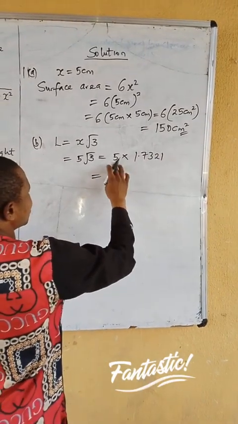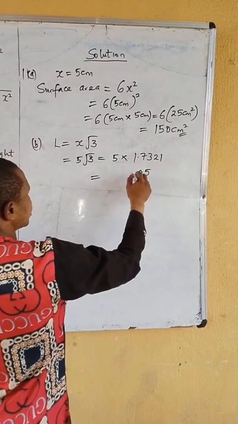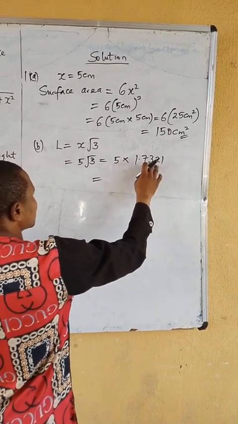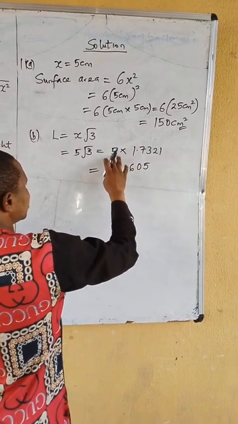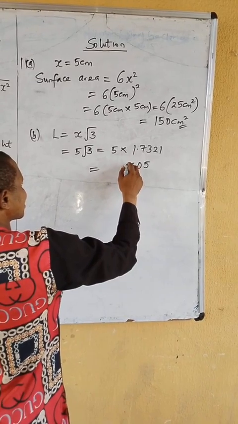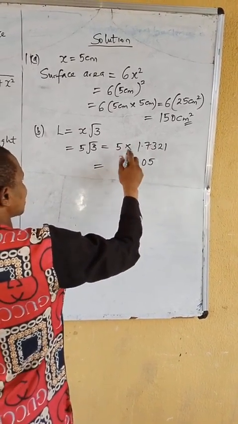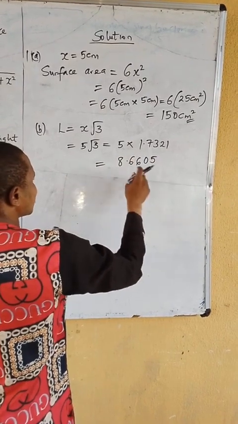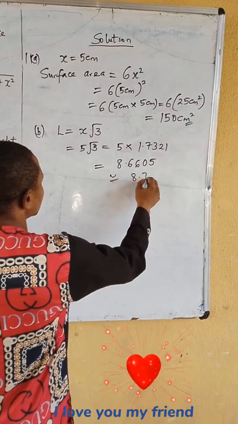And by that we multiply. 5 times 1 will give us 5. 5 times 2, that's 10. We write 0, we keep 1. 5 times 3, that's 15, plus the one that we kept, that will be 16. We keep 1 again. 5 times 7, that's 35, plus that one that we kept, that's 36. We keep 3. 5 times 1 will give us 5 plus that 3. It will be 8. So we have 8.6605.